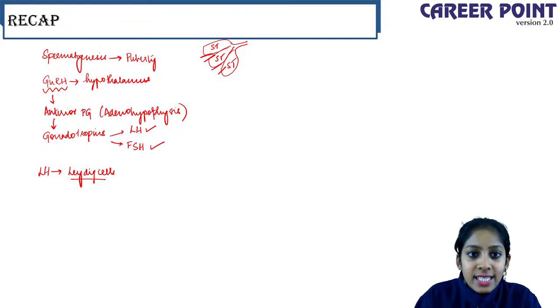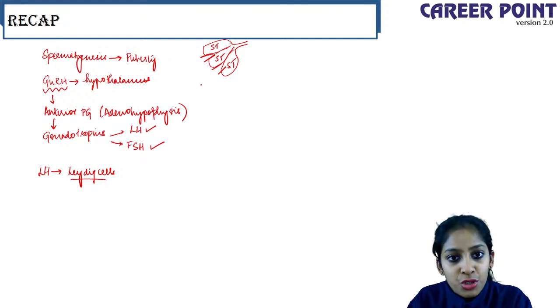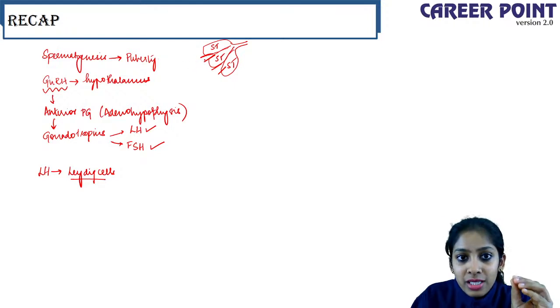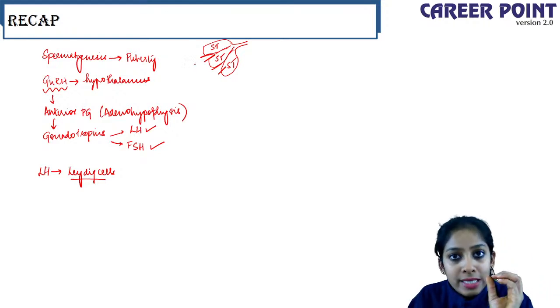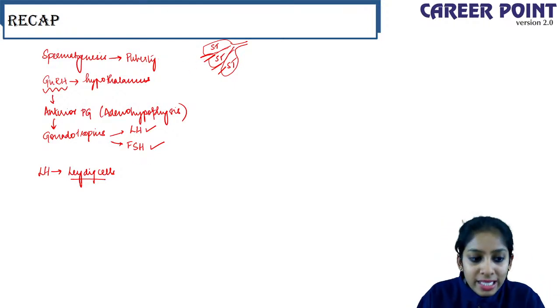The Leydig cells are interstitial cells, present in the space between the seminiferous tubules. These interstitial cells, which include your Leydig cells, are what LH acts on.